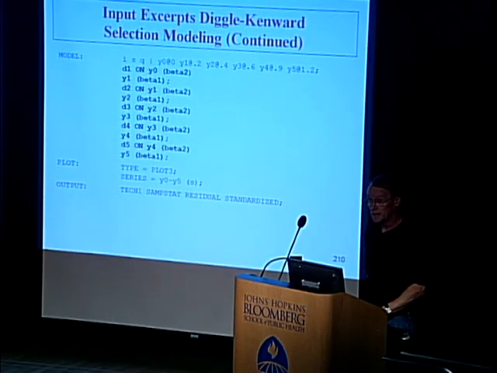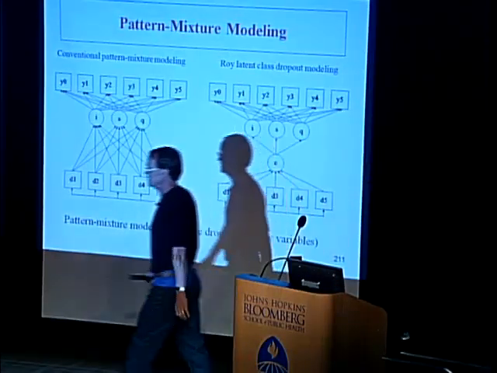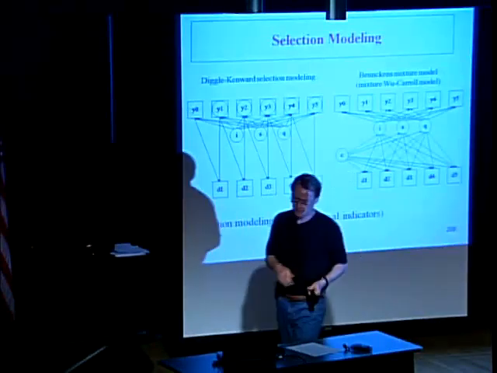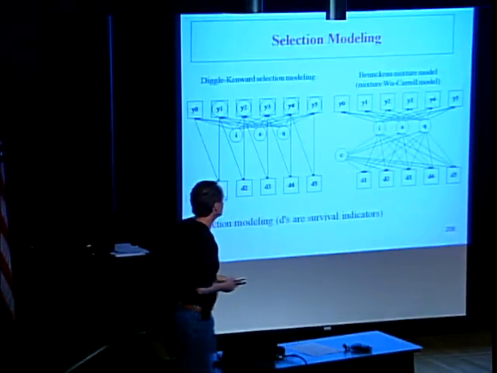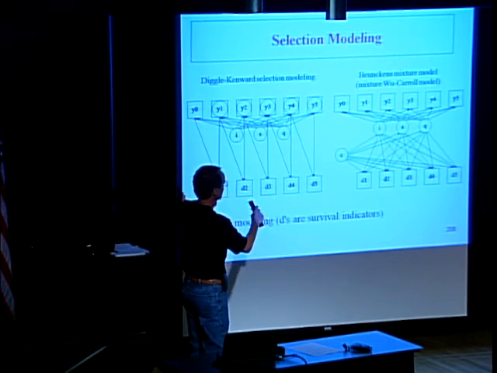So that's one type of non-ignorable missing data modeling. Here is another one, which is perhaps even more common. And you see the distinction here between selection modeling and pattern mixture modeling.